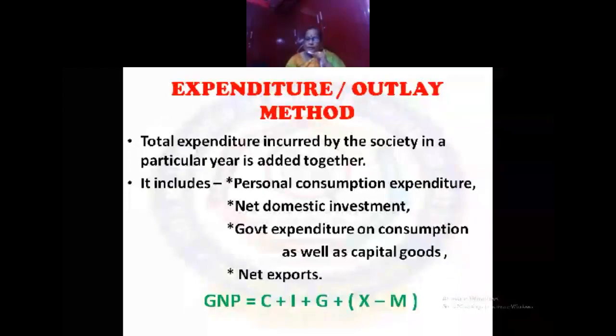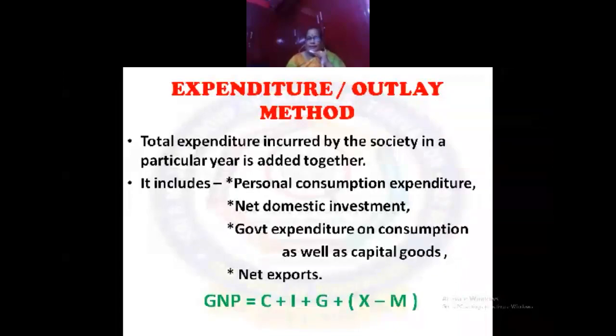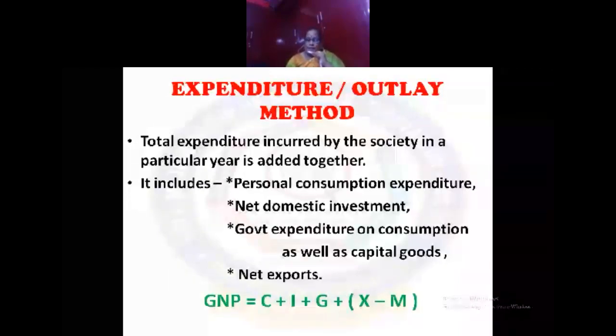It includes the personal consumption expenditure, net domestic investment, government expenditure on consumption as well as capital goods, and net exports. So, GNP, gross national product, is equal to C plus I plus G plus X minus M.